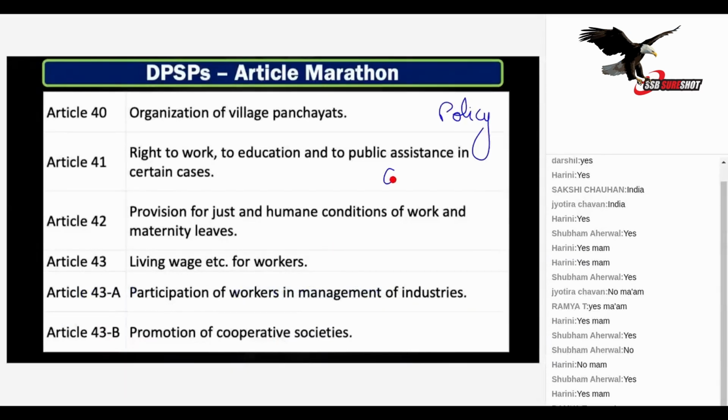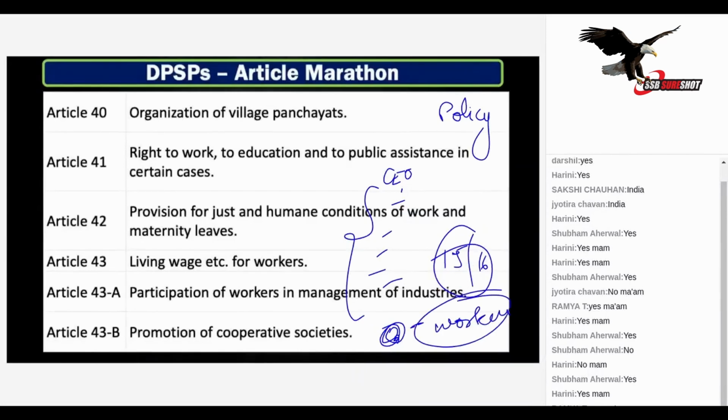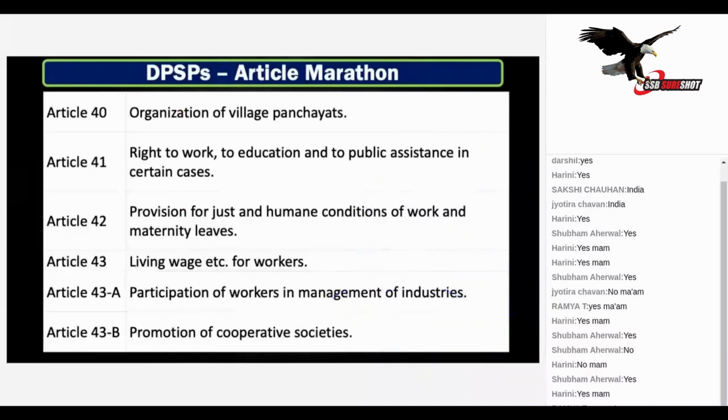A CEO sitting above the 15th or 16th position of a worker doesn't know what a worker is doing, how many hours he's putting in, or what the efficiency is. He doesn't know anything about the practicality of things. So workers should be included in the management of industries.